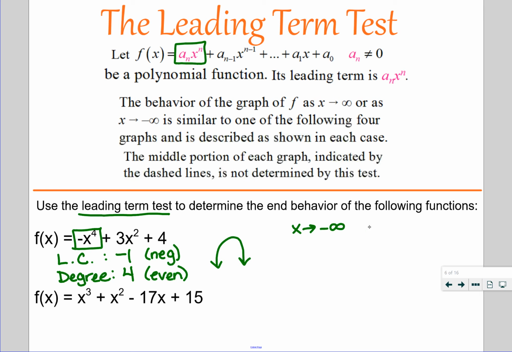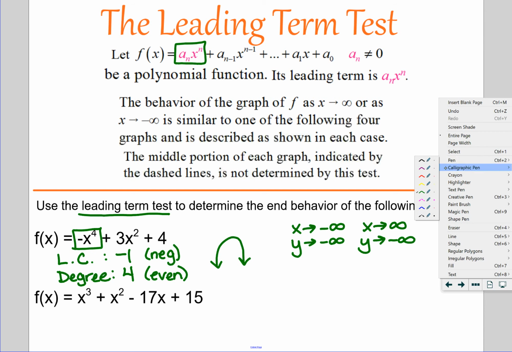Again, it always starts the same way. X approaches negative infinity, x approaches positive infinity, y approaches, y approaches. And because on both ends here, my y's go down, we say my y approaches negative infinity, and there's my end behavior.